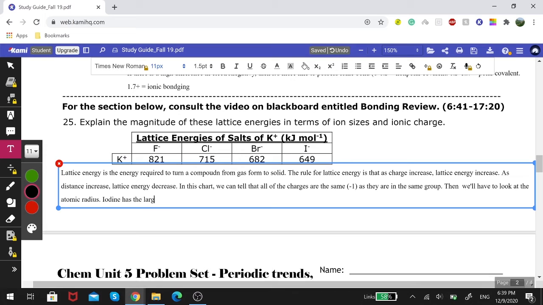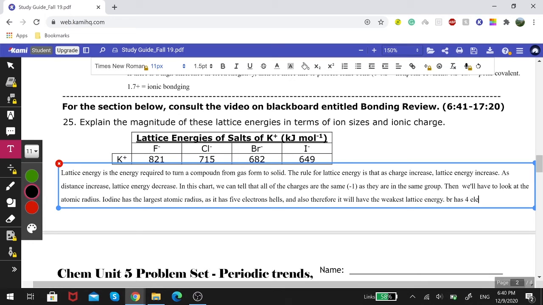Iodine has the largest atomic radius, as it has 5 electron shells, and therefore it will have the weakest lattice energy.